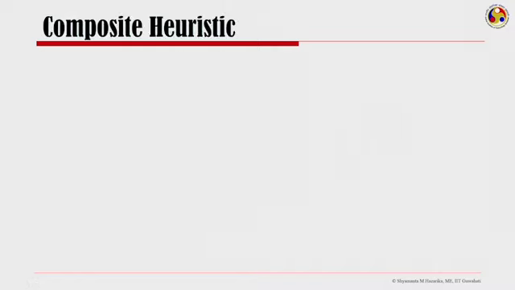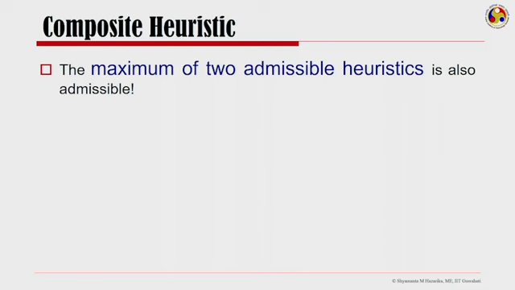Let us now move on to understand what we mean by composite heuristics. We have, let us say, a couple of heuristics, and we do not know which heuristic dominates which other. Then the maximum of two admissible heuristics is also admissible.